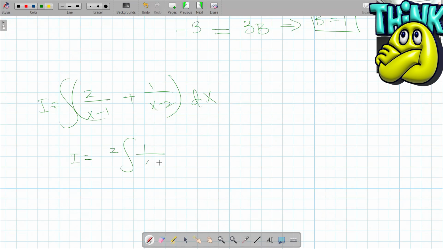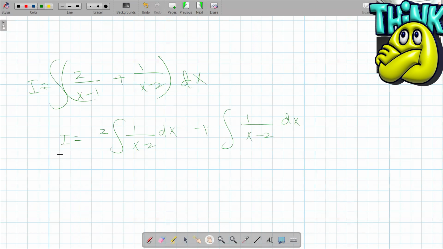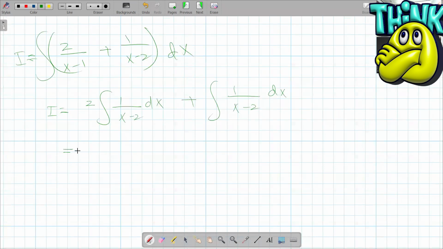The 2 can be taken outside, then the integration of this. I cannot integrate directly, right? How to integrate this? Because the derivative is present at the top, is it not? We usually use this type of integration in these questions.